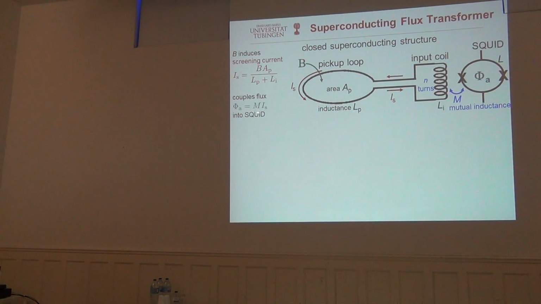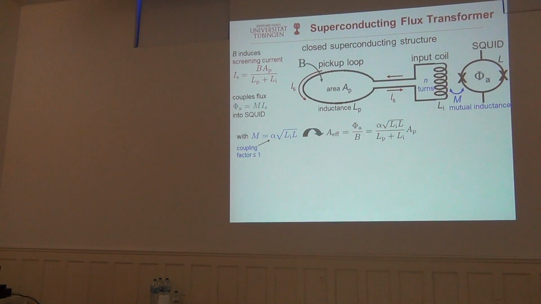So the flux coupled into the SQUID is just the mutual inductance times this induced screening current. And this mutual inductance is defined by a coupling factor alpha, which can be maximum 1 times the square root of these two inductances, SQUID inductance, input coil inductance. And then you can simply calculate the effective area, what is phi over B, by plugging in these equations.